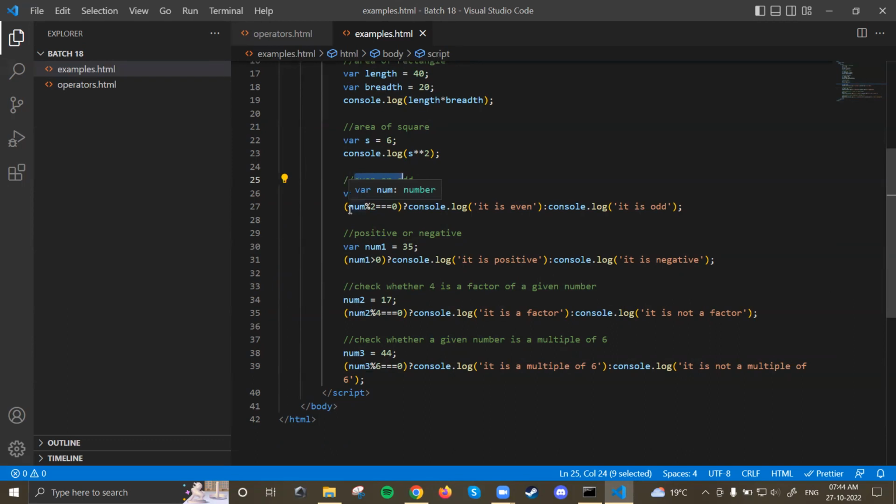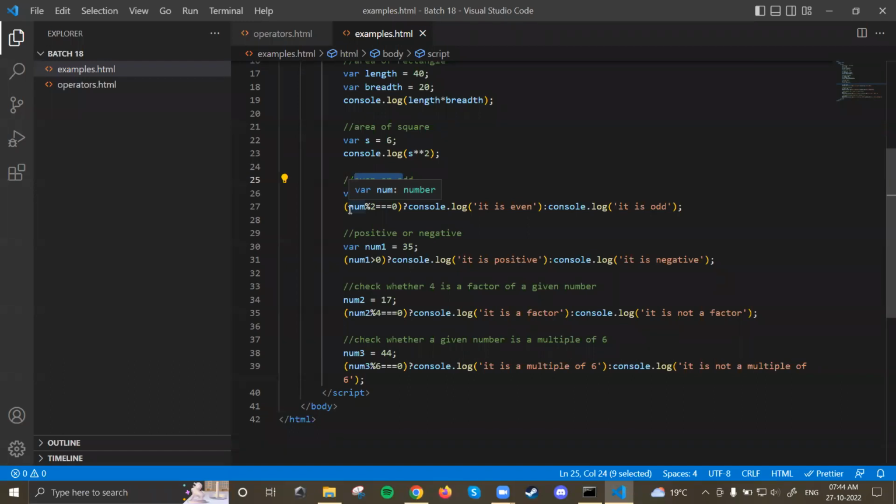Everywhere we are just checking whether the remainder is 0 or not, whether it is divisible by a given number or not. The way of asking the question may be different.